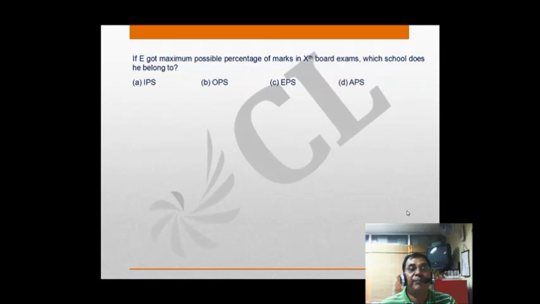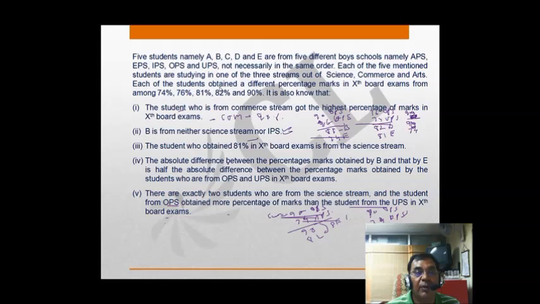If E got maximum at 90, which school does he belong to? Obviously this will be the case with OPS, because every time I'll see B, E, like B is here if he's got the highest marks.